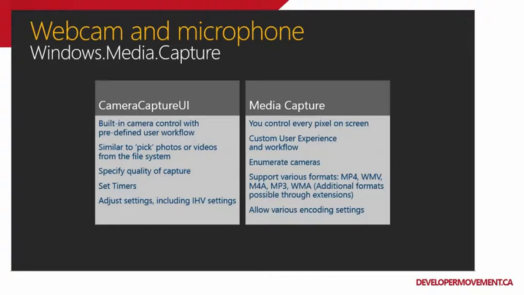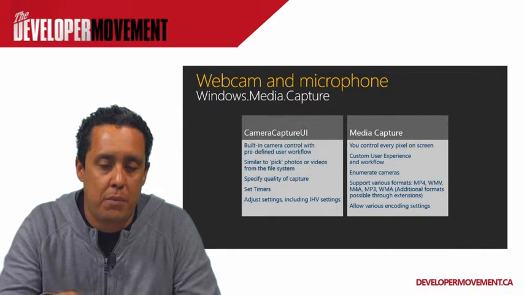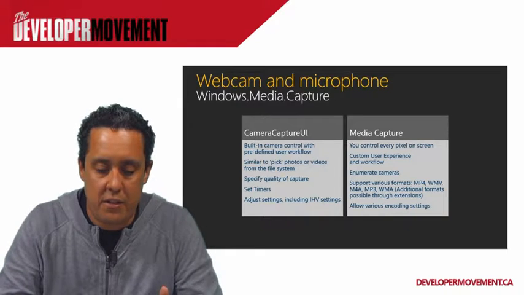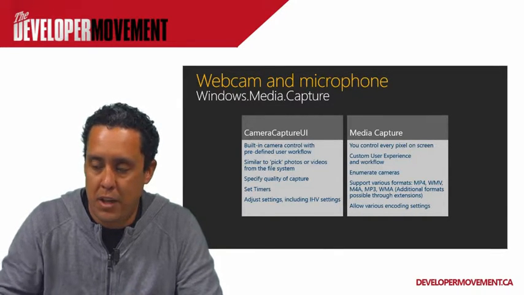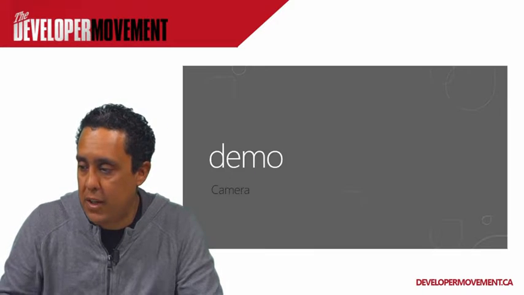With MediaCapture, you could essentially embed a media element, a video element, and you could show a live stream of the video within your application. There's various encodings that are supported. MediaCapture is a little bit more complicated to use, and you'll notice by the demo that we're going to do next.